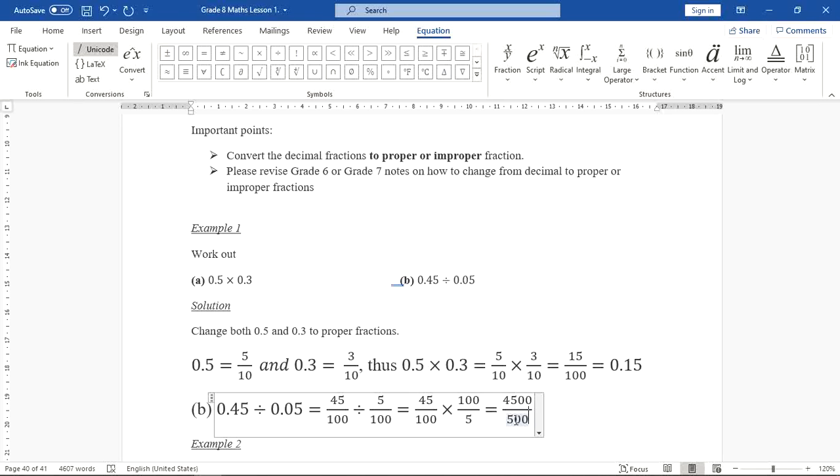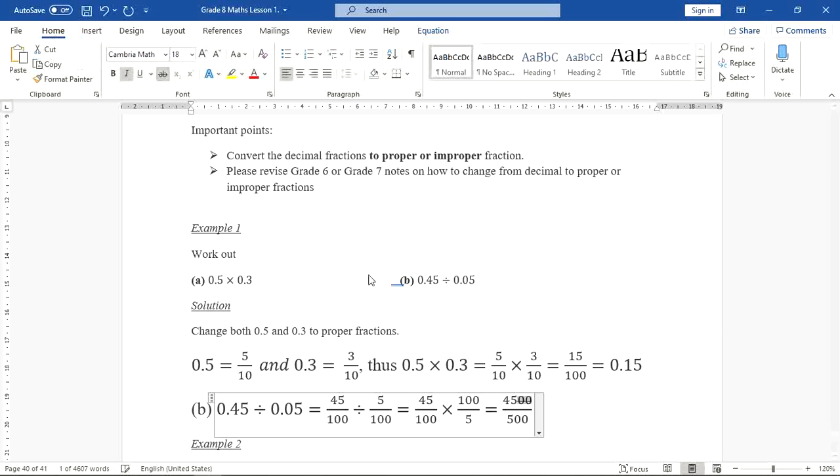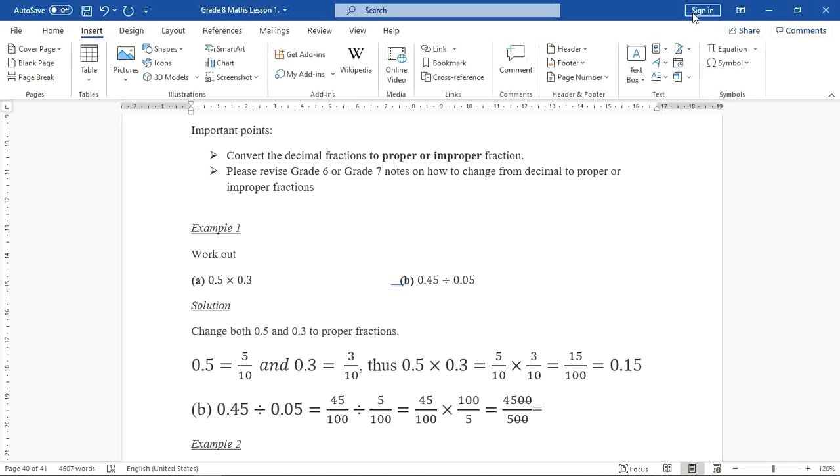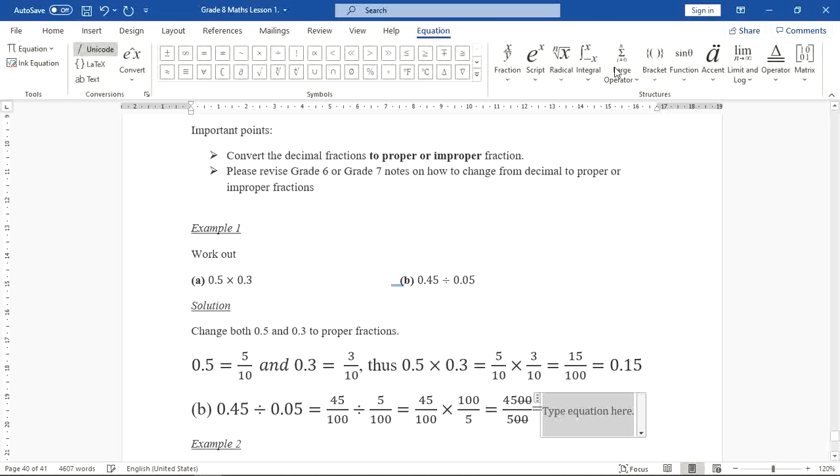Then we can simplify simply by cancelling out the zeros. Now we have 45 over 5.